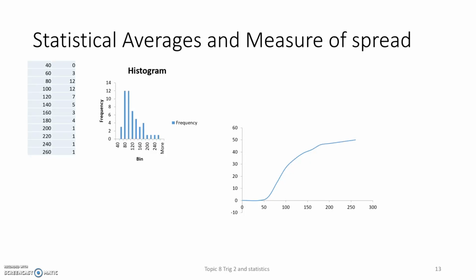I've done it all here on Excel, and you can use Excel to find things like the mean, the median and the mode. All you have to do is put the data into Excel and then use Excel to do it. I will show you in class how to use Excel to find all this information as well.